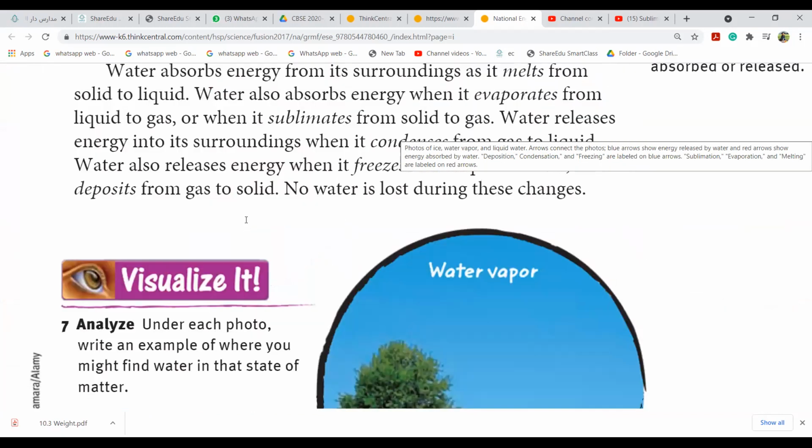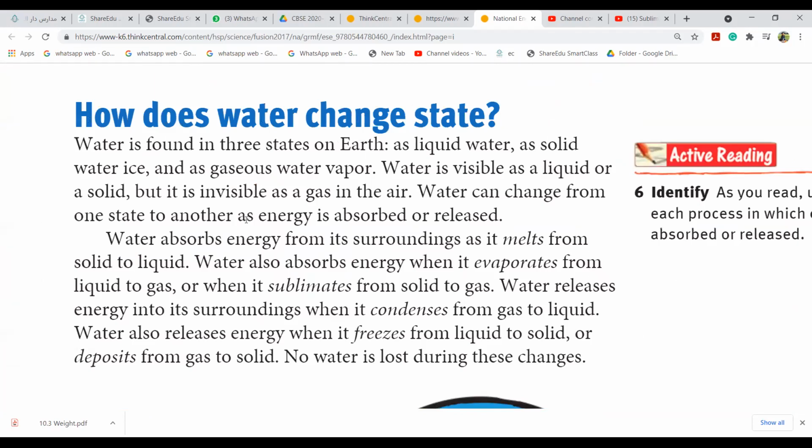Now, water is found... Please, can you read it? No? Water is found in 3 states on the earth: as liquid water, as solid water ice, and as gaseous water vapor. Water is visible as a liquid or a solid, but it is invisible as a gas in the air.